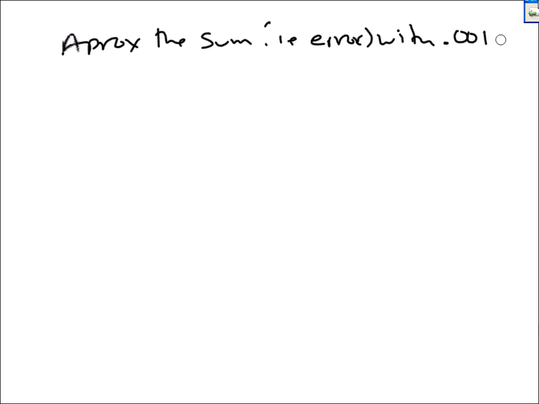Let me say it differently: approximate the sum with an error less than 0.001.